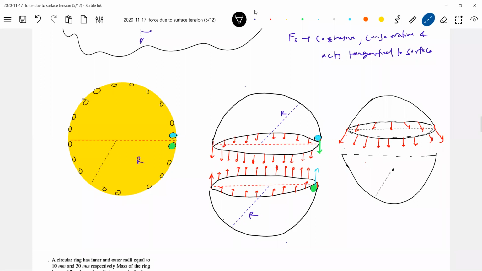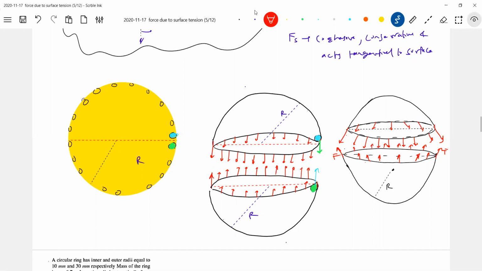This is the radius. Tell me how the force will be. The force here will act like this. Getting the idea? So try to imagine the force due to surface tension.